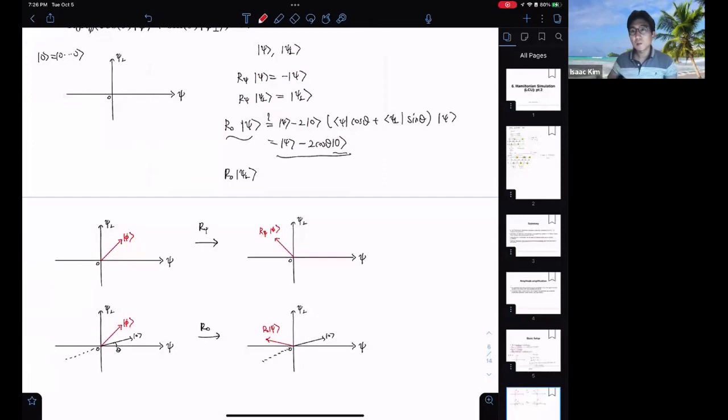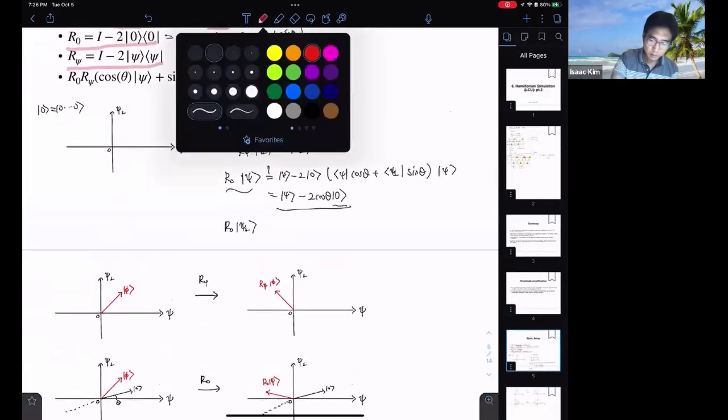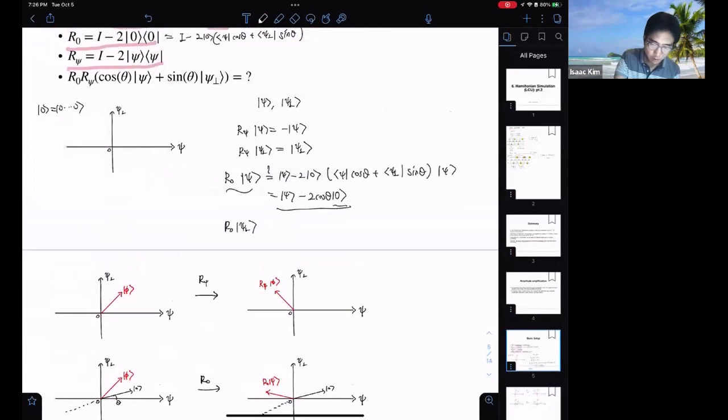Okay, and it's a well-known fact that in 2 dimensions, if you have 2 reflections, the composition of those 2 reflections is always a rotation. And you can verify that in this case, if you apply R0 and R psi to the state, what you get is cosine 2 theta psi plus sine 2 theta psi perpendicular.